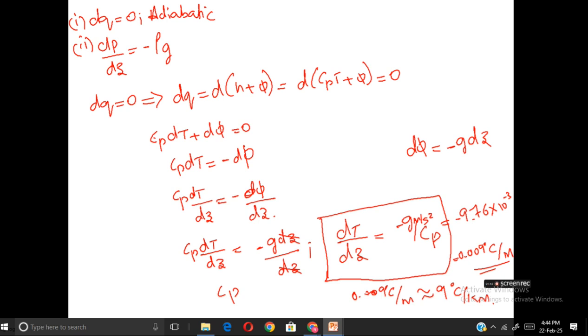And in case of a moist air parcel, the ideal gas equation becomes p is equal to rho Rd Tv. We are retaining the value of specific gas constant of dry air and changing the actual temperature to virtual temperature.